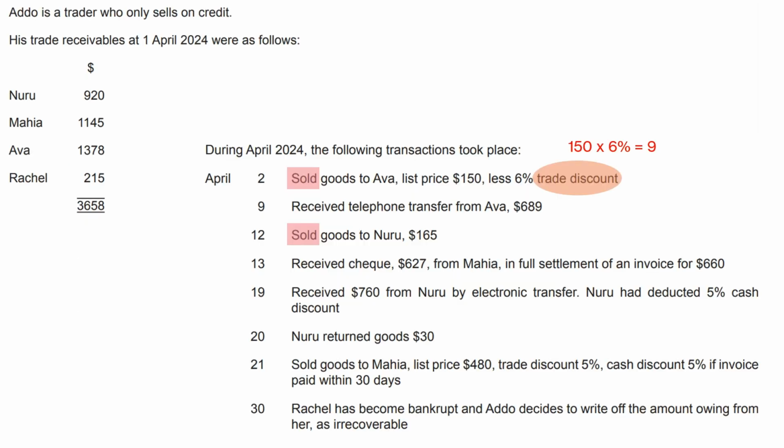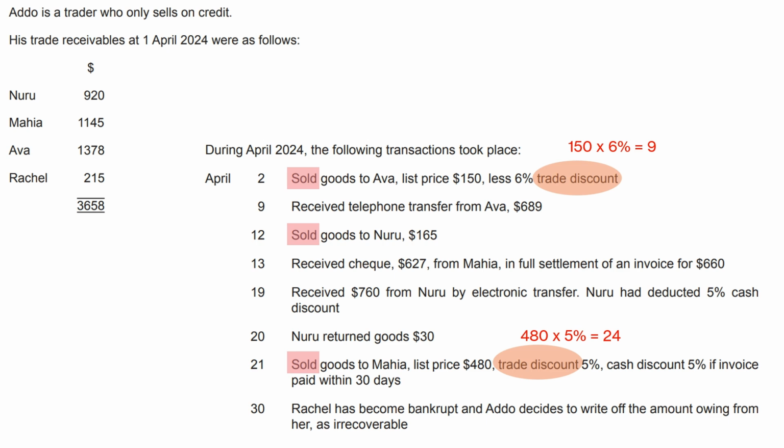The final sale for the period was on the 21st to Mahia, list price 480 and there was a trade discount of 5%. So 5% of 480 is $24. In the description it says that there was a cash discount of 5% if the invoice was paid within 30 days. My question is, should we record this?